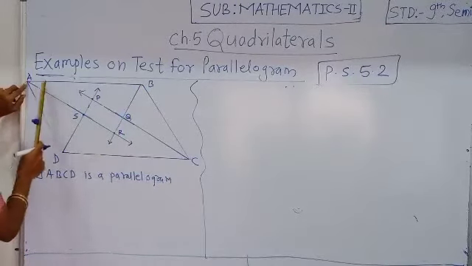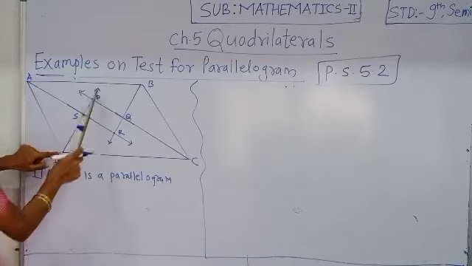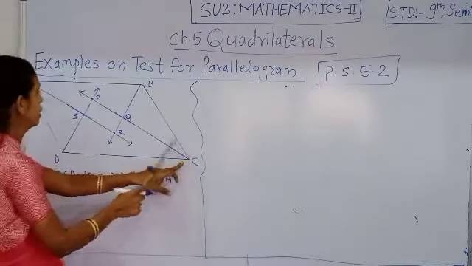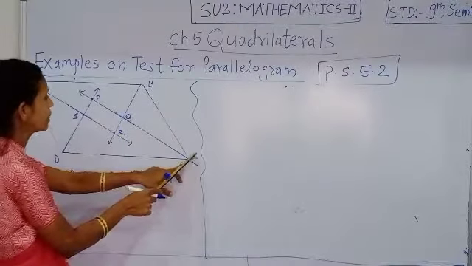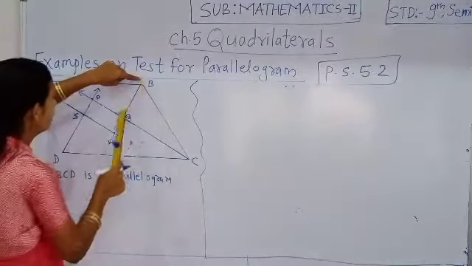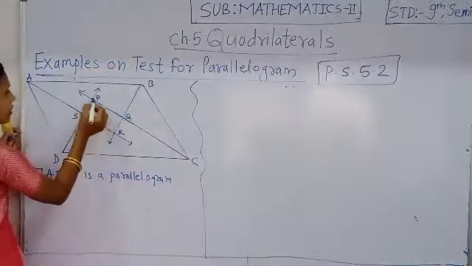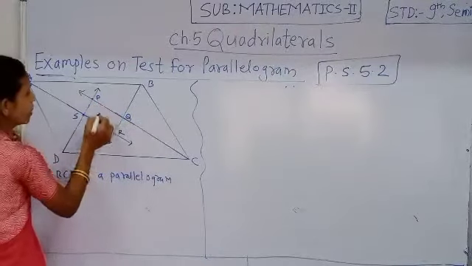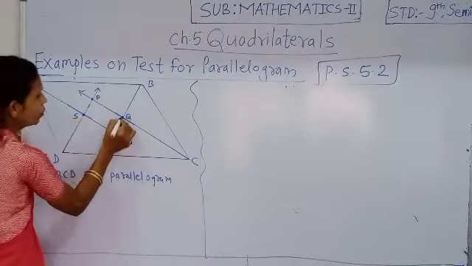Ray AR is an angle bisector of angle A. Ray DP is an angle bisector of angle D, ray CP is an angle bisector of angle C, and ray BR is an angle bisector of angle B. Because of those angle bisectors, the new quadrilateral formed here is PQRS.